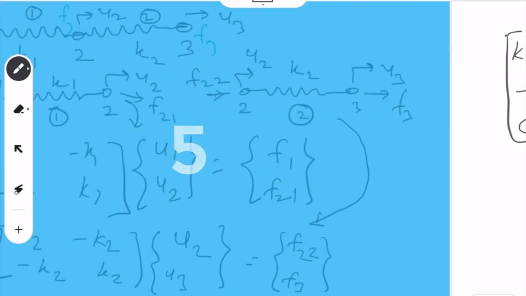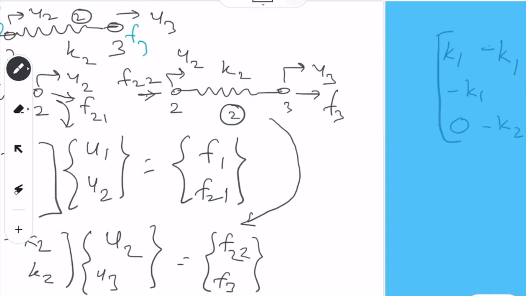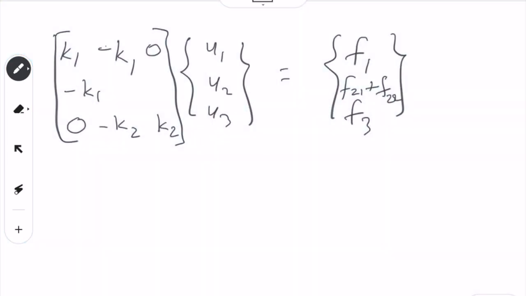So go back here. So what we wanted to know now is not the last row, not where the force is F3, rather we want to know the coefficient of U3 in the middle row, yeah, in the middle row.